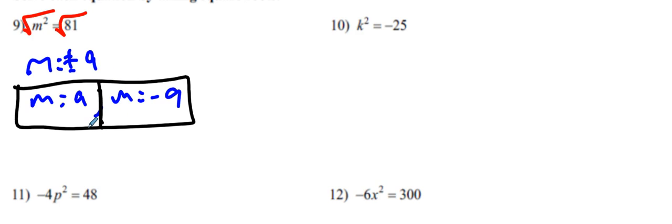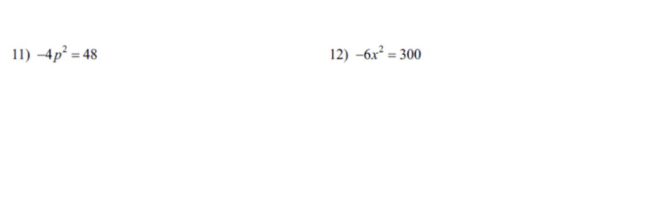Number 11 is similar, but it has two steps involved. When we look at this one, we have to eliminate that negative 4 first. That's negative 4 times p squared. So before we take roots, we've got to get that out of there. We are going to divide by negative 4.